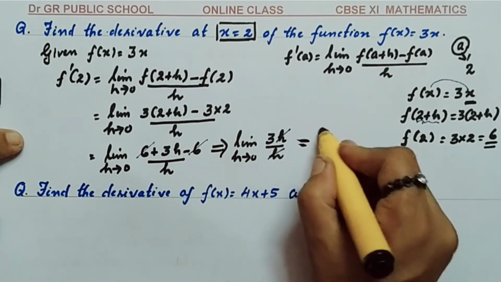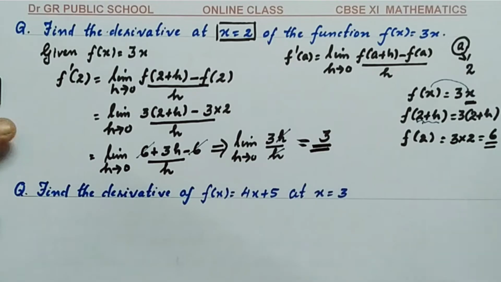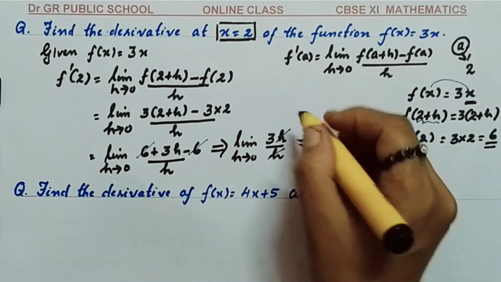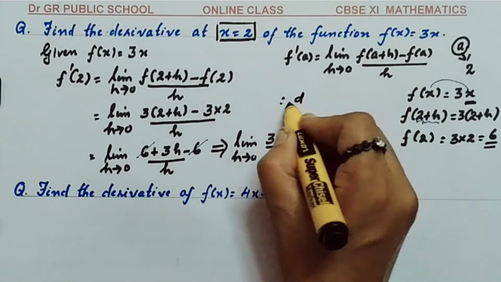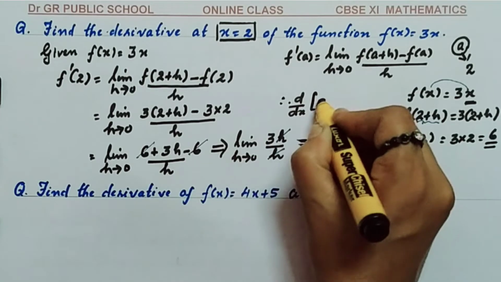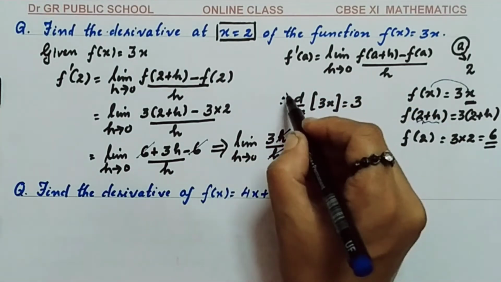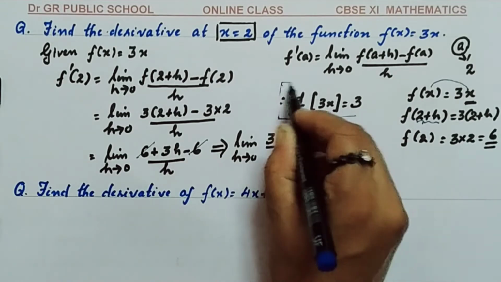So the limit of a constant is that constant itself, 3. Therefore, the derivative of 3x is 3. Very important.